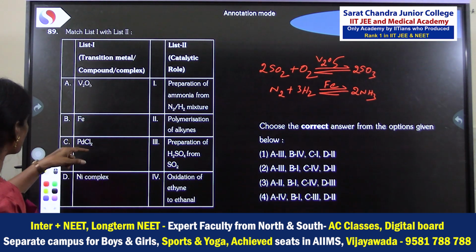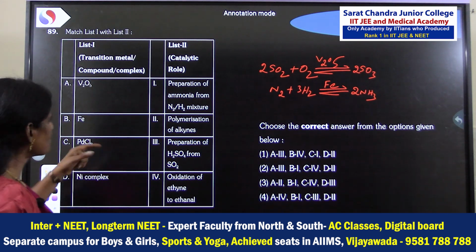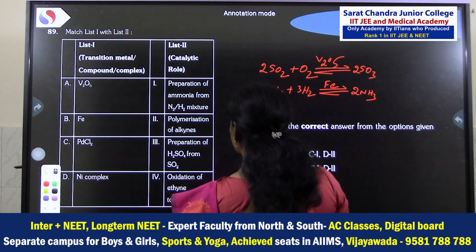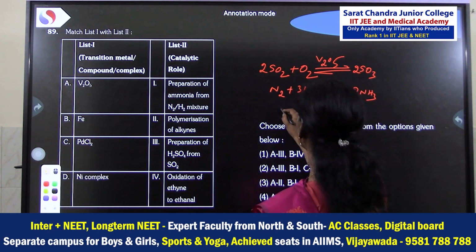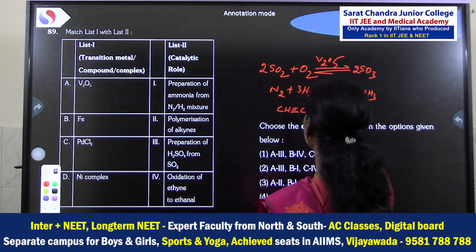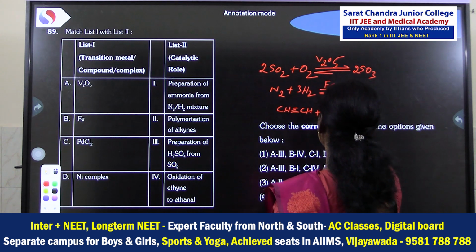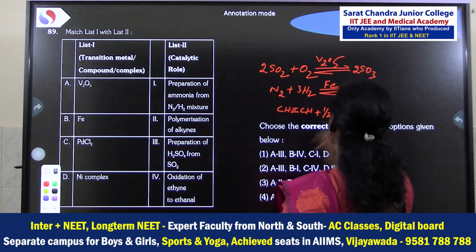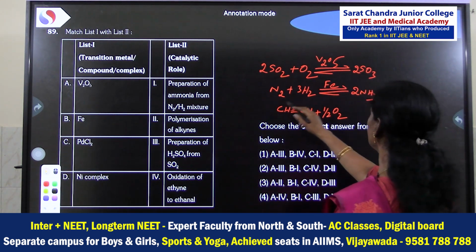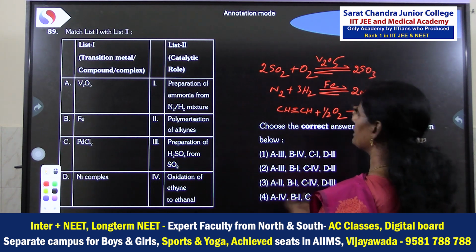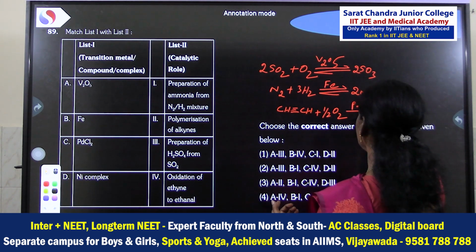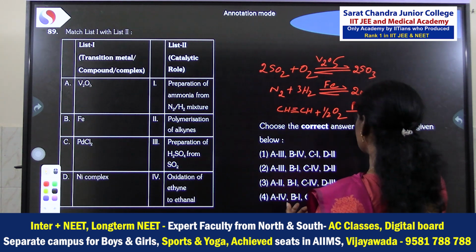And palladium chloride, PdCl2. This PdCl2 is used as catalyst in the oxidation of ethyne to ethanal. When acetylene, ethyne means acetylene, is treated with oxygen, the acetylene undergoes oxidation in the presence of palladium chloride and in the presence of co-catalyst CuCl2.